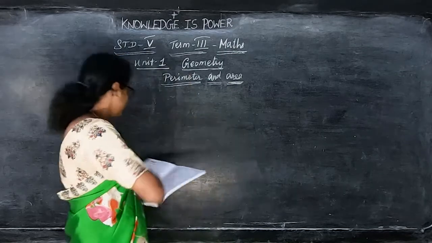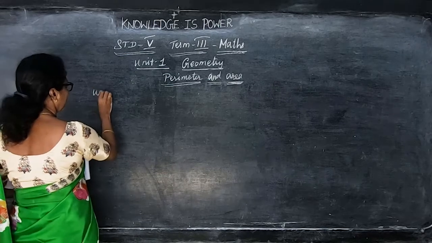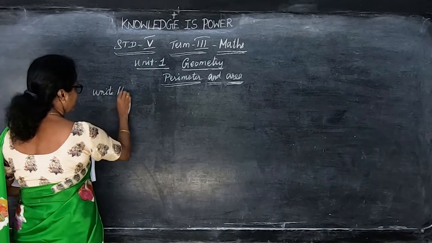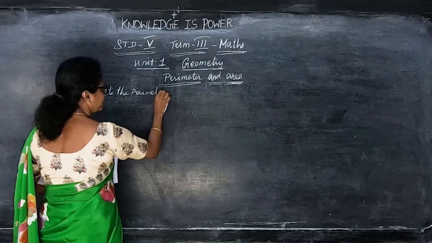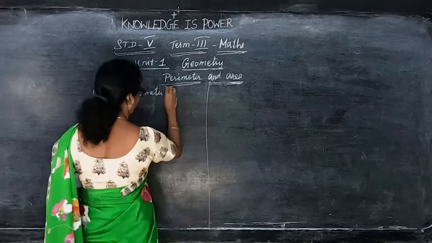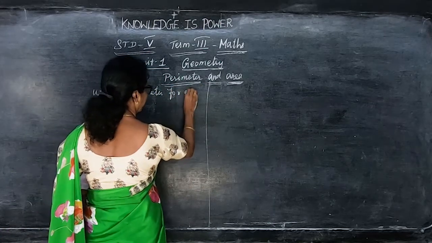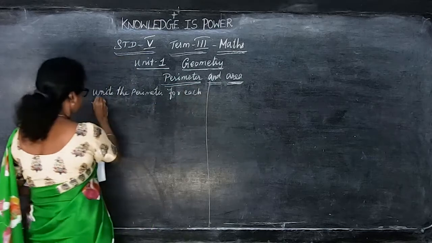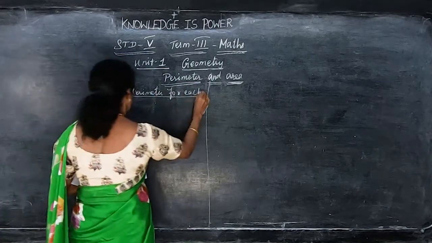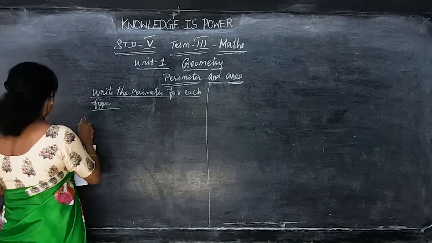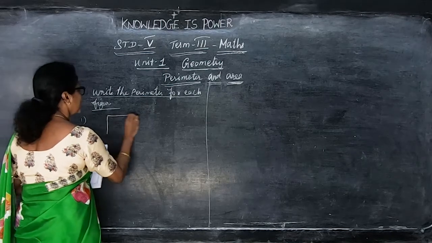Now write the perimeter for each of the figures. They have given some figures. Write the perimeter for each figure. First sum, they have given a picture like this.